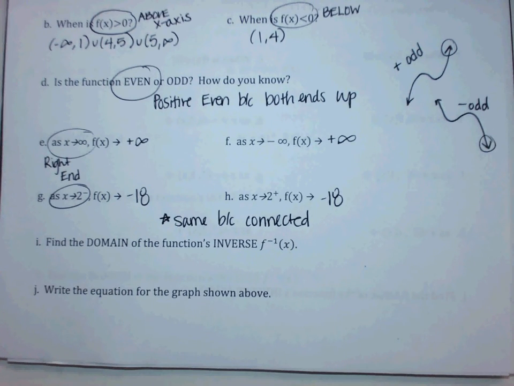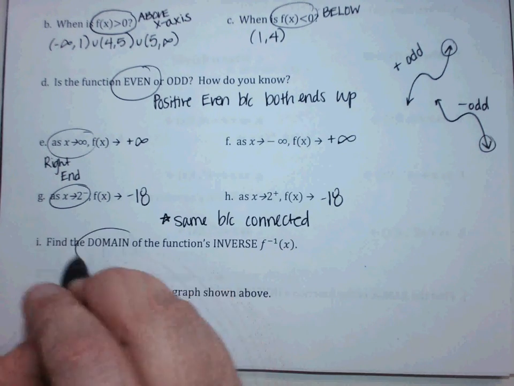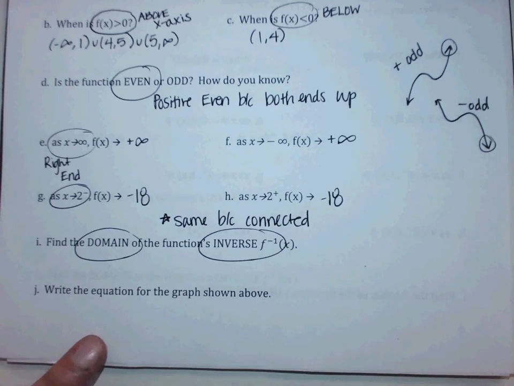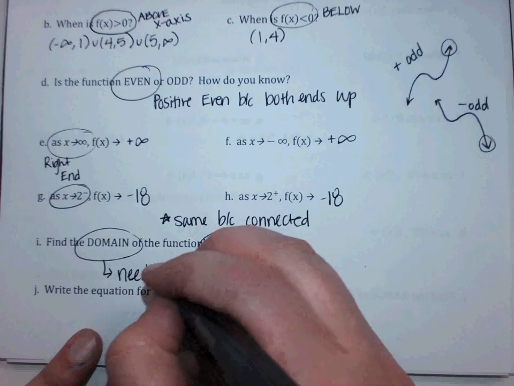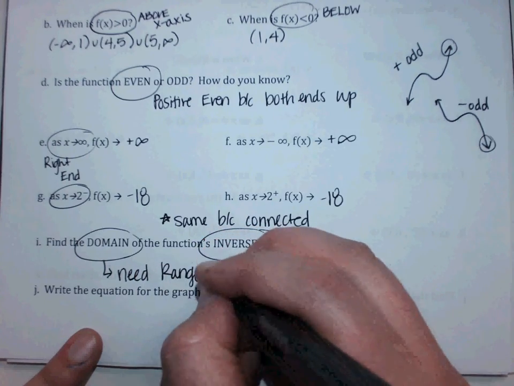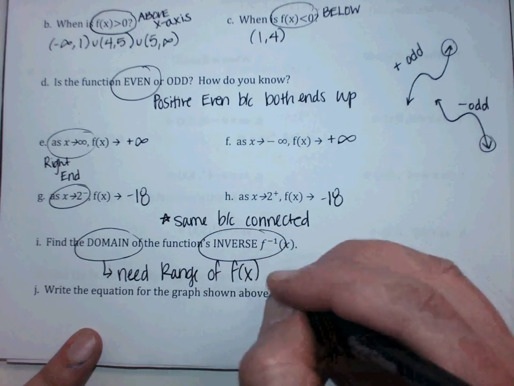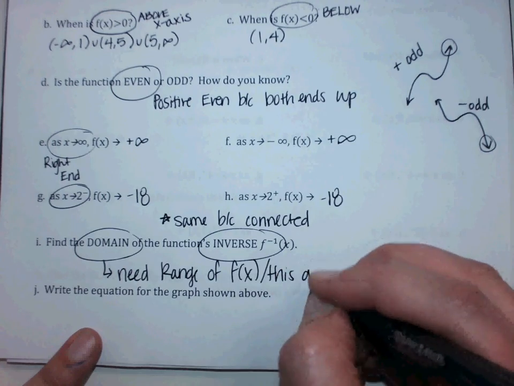Okay, next one. I want the domain of the inverse. Then what do I need to find on this graph? If I want the domain of the inverse, then on this graph, what do I need to find? We need the range of f of x. This graph.